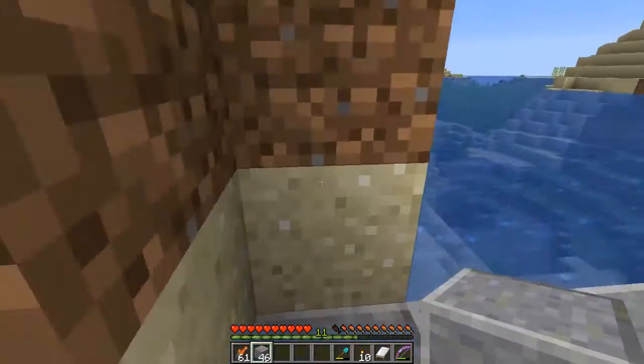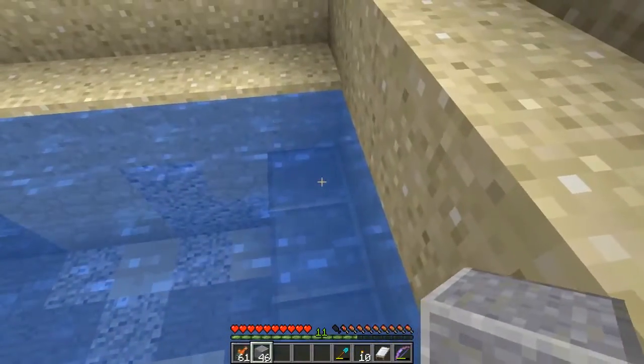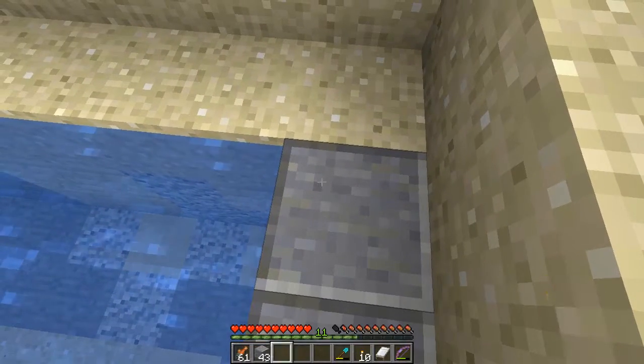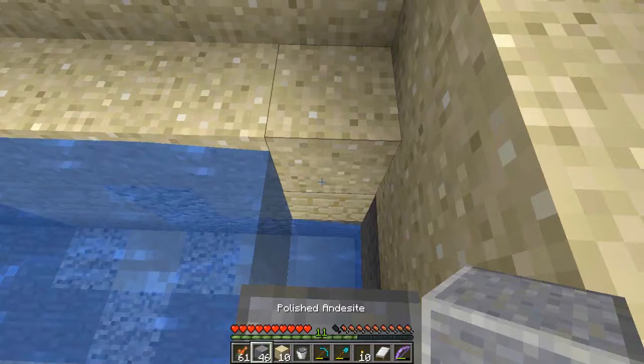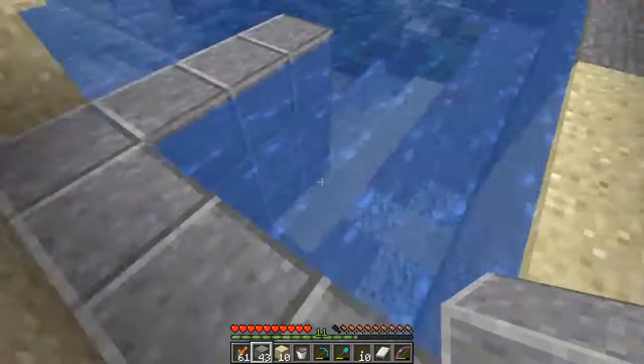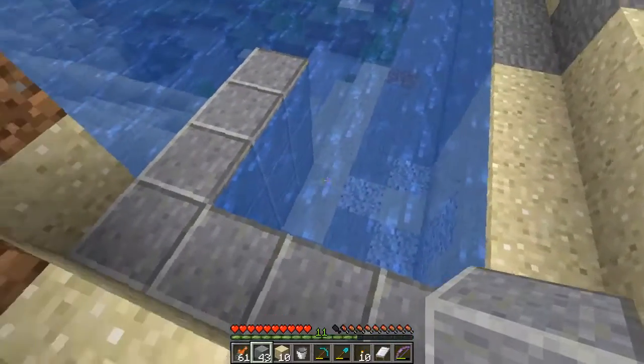Let's see if we come all the way up to the top here. Actually, this one is not intended. Actually, I take that back. It is intended. So therefore, we'll have this 3 by 3 there.